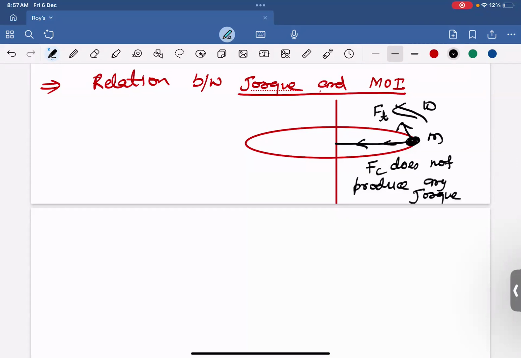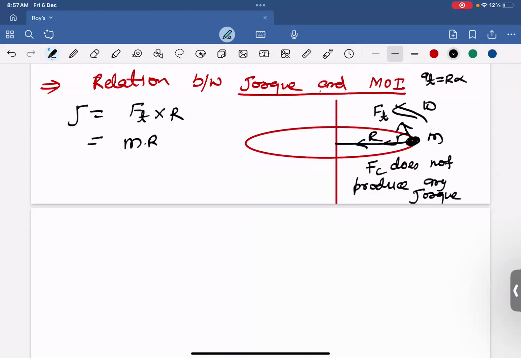So tangential force will produce the torque, and tangential torque I can write as force tangential into distance from the axis, which is the radius itself. Radius I can take R, angle is 90 degrees. Now tangential force formula, we know that mass into acceleration. If you remember, tangential acceleration formula is R alpha.